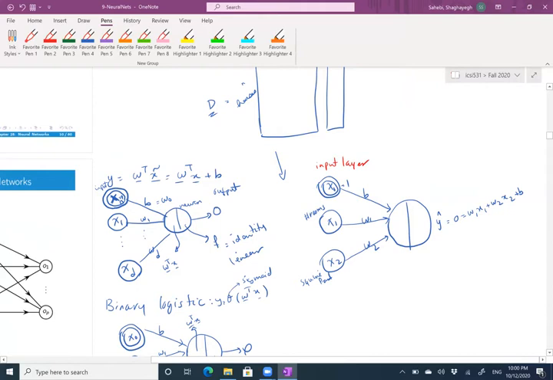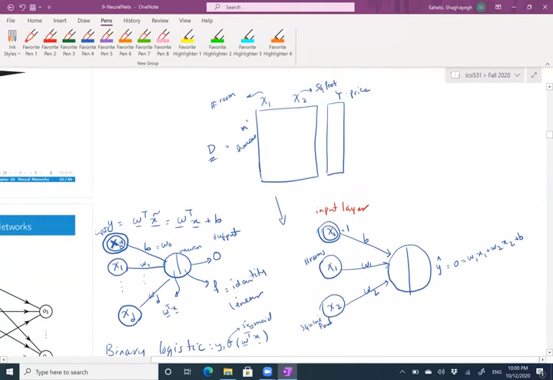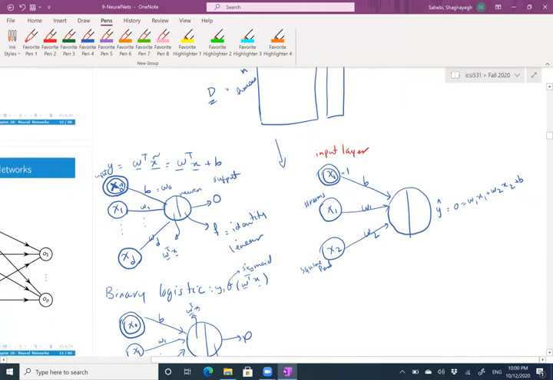Now, because we have n data points, every time what we have in our input layer is going to be x0i, so the ith data point, x1i, x2i, right? And then we are going to get yi as a result.